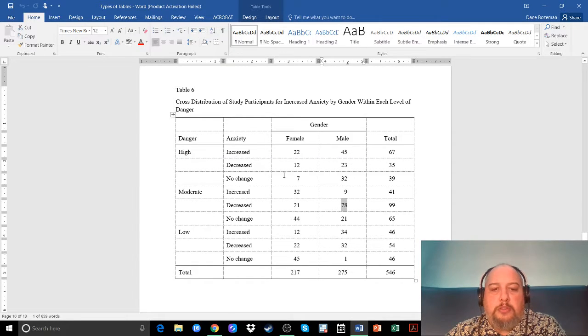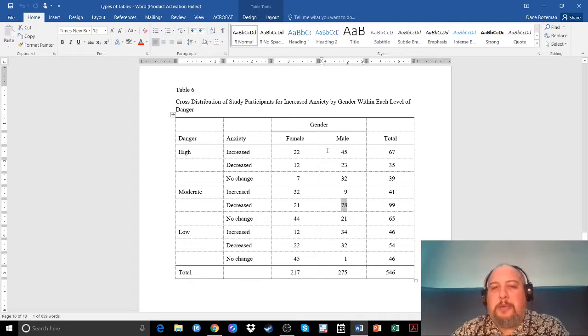And so what we could do is we could say, well, there were 67 individuals with increased anxiety, regardless of gender, who experienced high danger. Now, another way of doing it is those experiencing high danger and increased anxiety, there were 67 individuals regardless of gender.